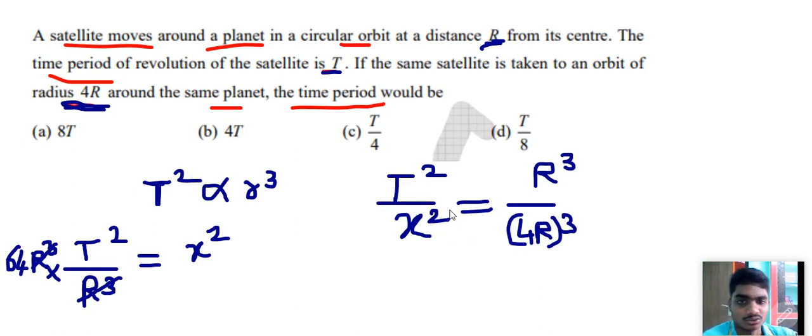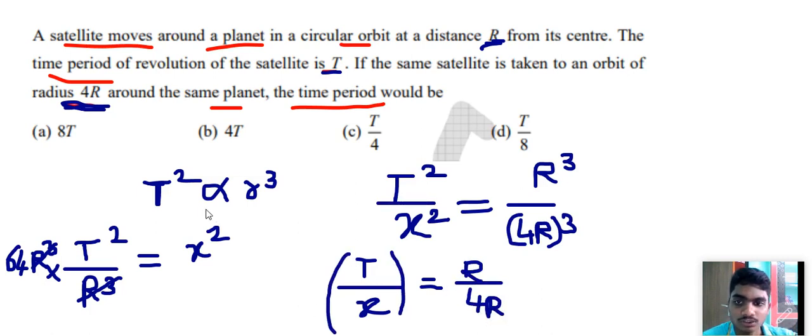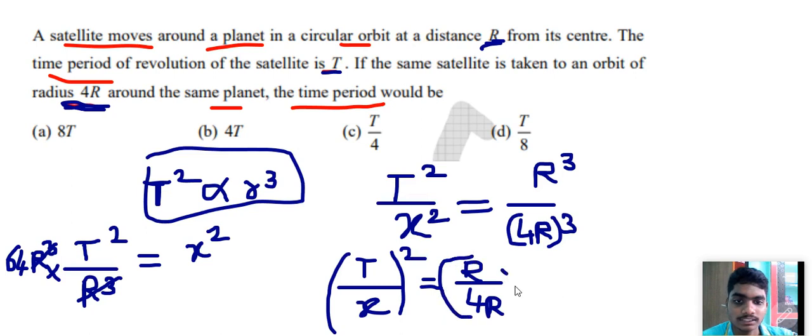The equation can also be written as initial by final equal to initial by final. Normally the left hand side should be square as per Kepler's third law, and this equation should be in the cubic value.